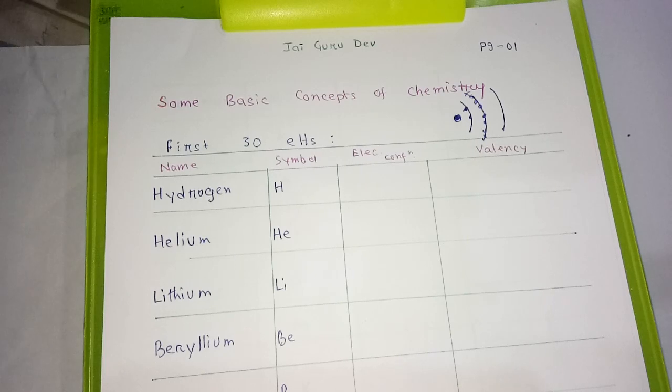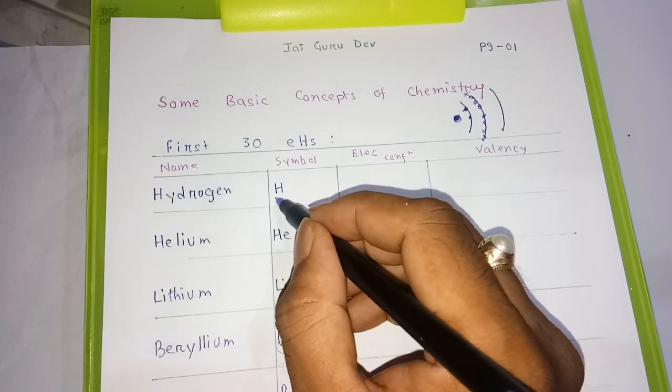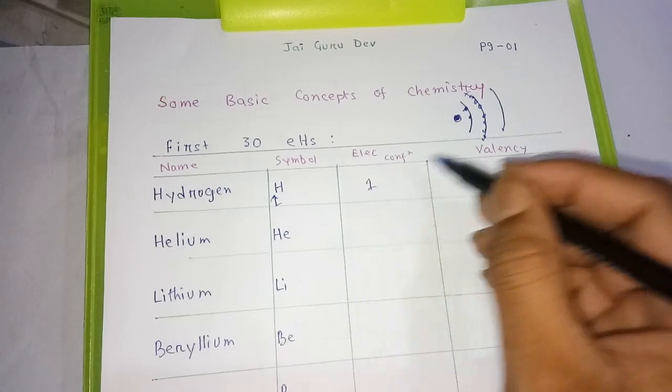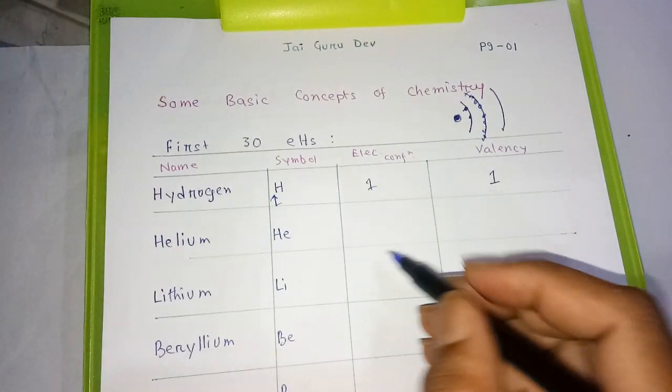So now we are starting with the name of some elements, their symbol, electronic configuration and valency. First one is hydrogen. So its atomic number is 1, electronic configuration is 1. So valency is 1.